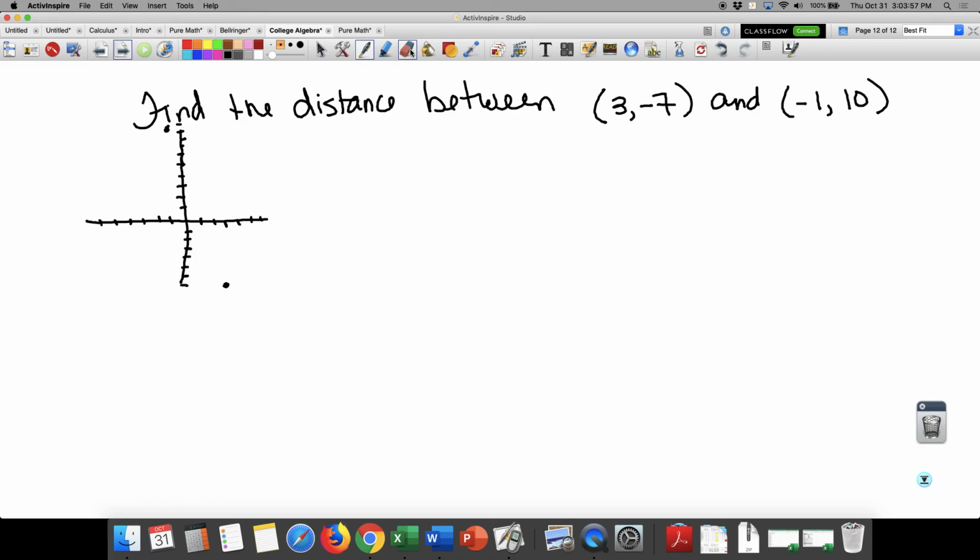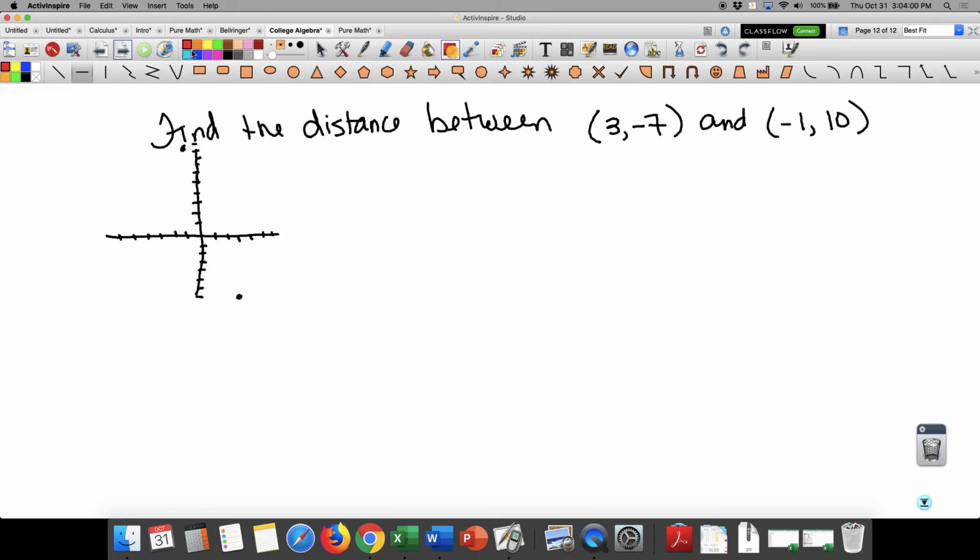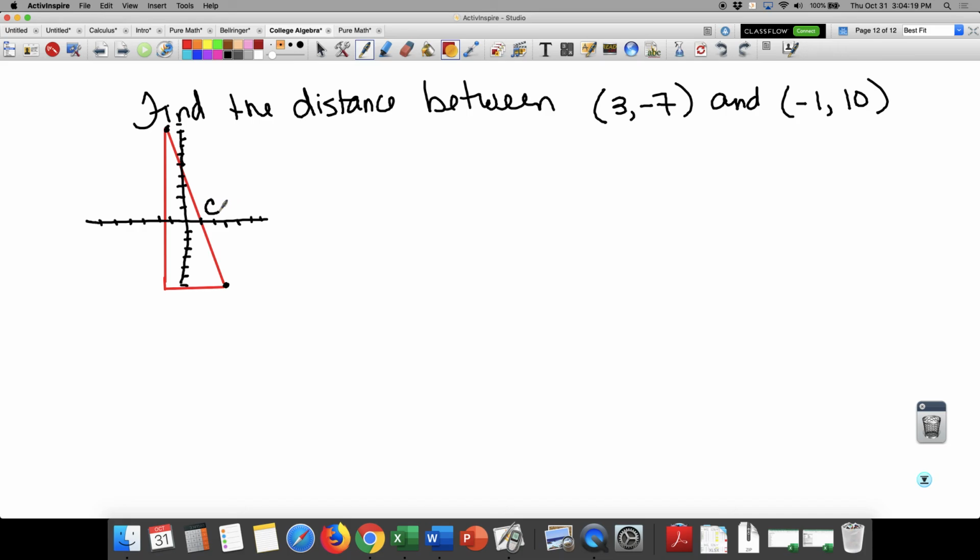So this is my distance. Whoops. So I want to create my triangle. Okay. So this is my C.